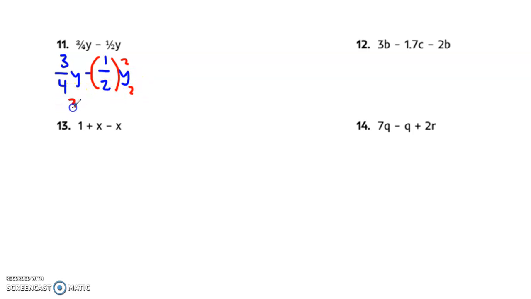So we'll just bring down our 3/4 y, and this will be negative. And we have 1 times 2 is 2 on the top, and 2 times 2 is 4 on the bottom. Now we have a common denominator, so we can just subtract across. So 3 minus 2 is going to be 1, and then our 4 stays the same. So our answer is 1/4 y.